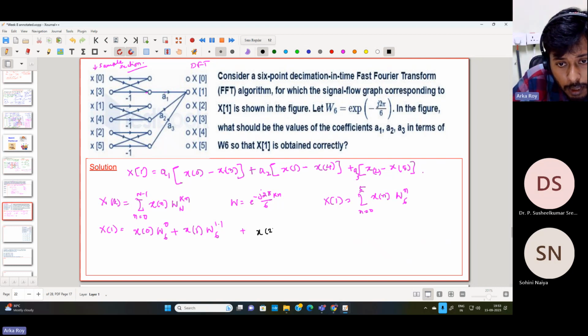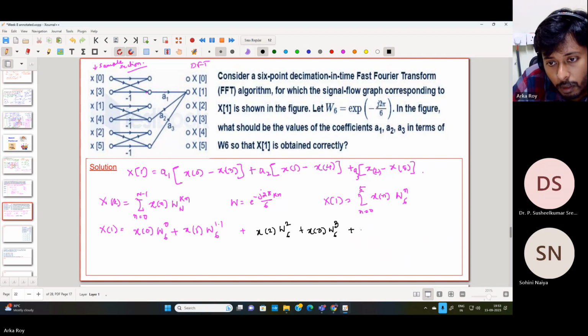So it would be now X2 W6 with n into 2, then X of 3 W6 with n being 3, X4 W6 4, X5 W6 5.